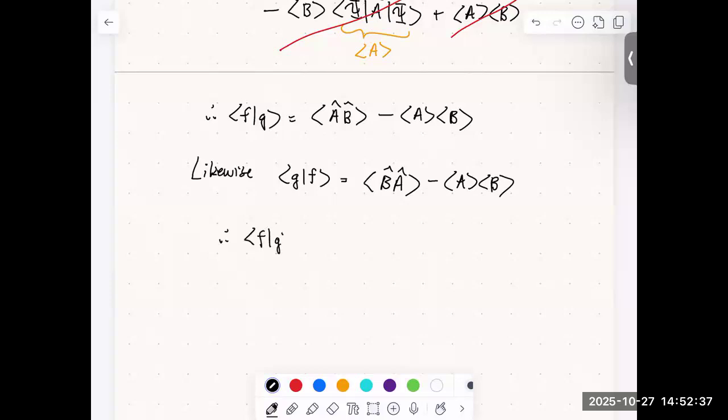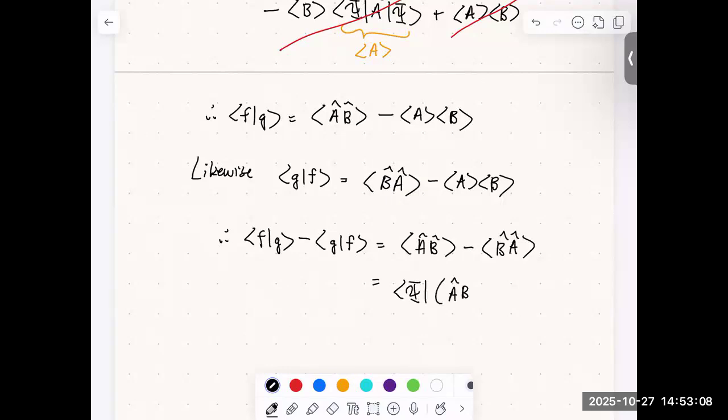All right. So when we actually go and look at the difference between the two, the second term is just going to cancel, and we're going to be left with the expectation value of A hat B hat minus the expectation value of B hat A hat, which we could write as following.